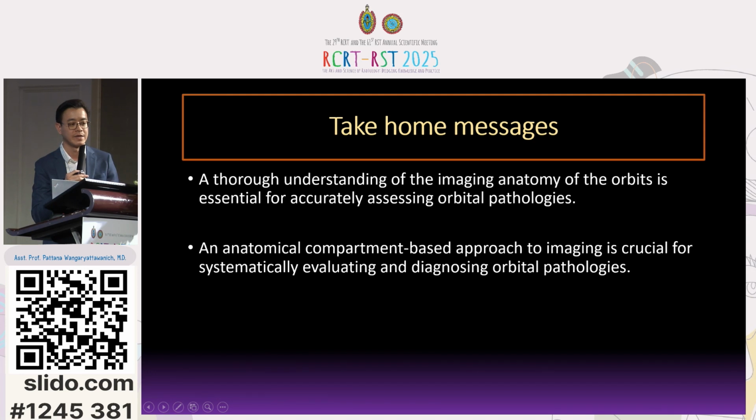Also, like every other pathology, we use a lot of clinical context, the onset of disease and the clinical findings, and then you combine that with what you found on imaging, and you should be able to come up with a potential differential diagnosis in that case. Thank you.